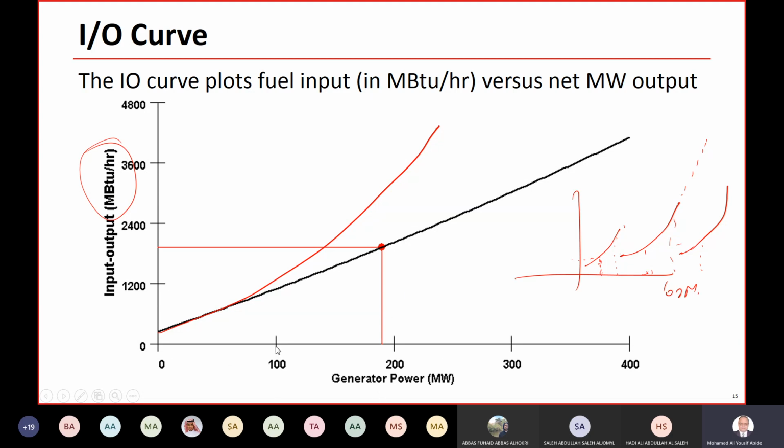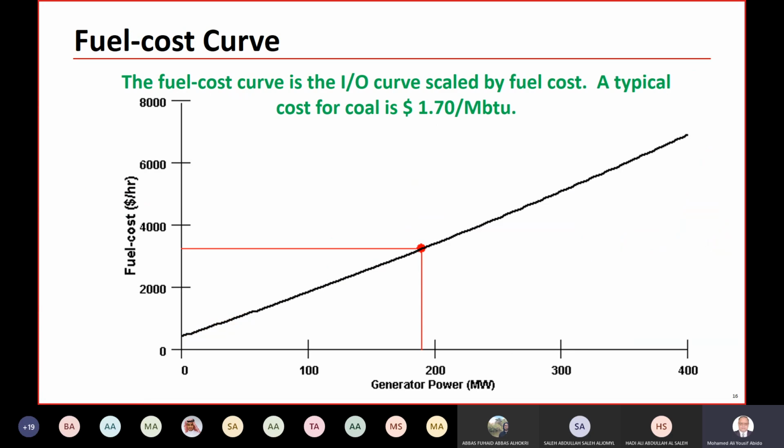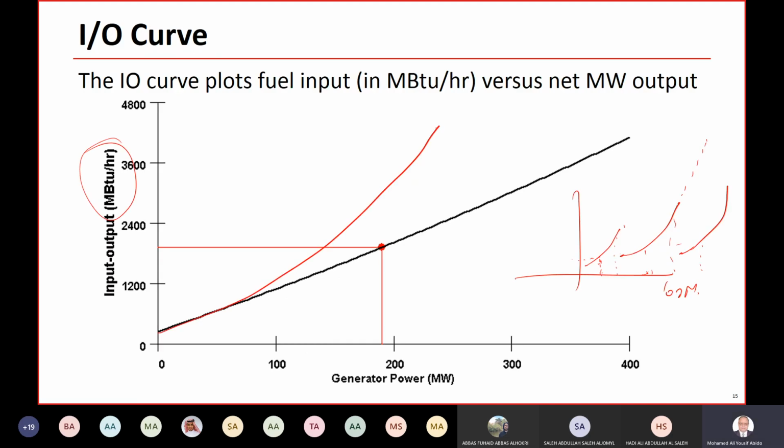So from this curve, as I mentioned, with 100, this is the amount needed as input. The fuel cost curve is the same as before, but you multiply this by the cost of the British thermal unit. Assume that the British thermal unit cost is, for example, $600 to generate mega British thermal unit.